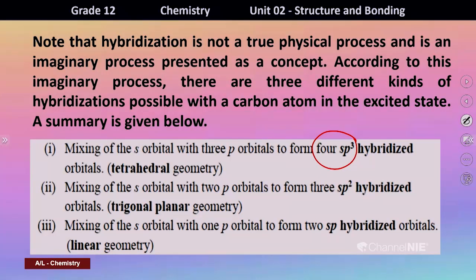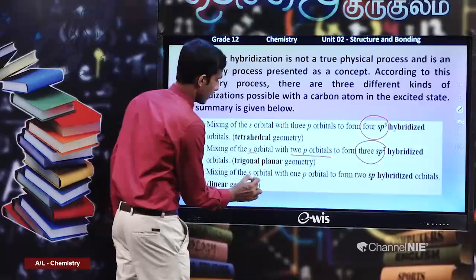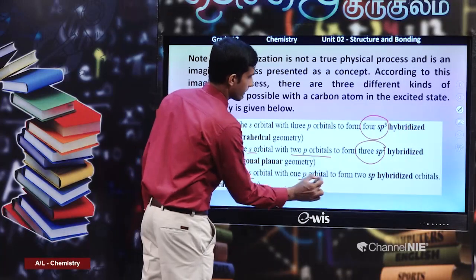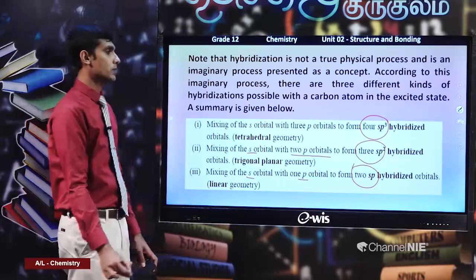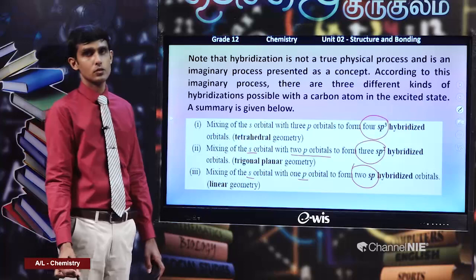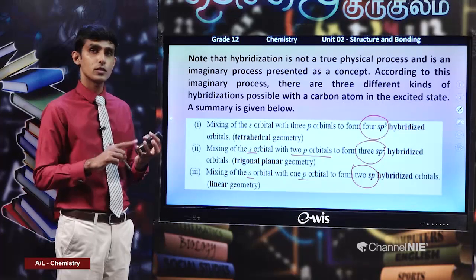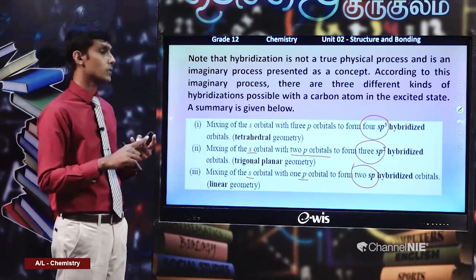Then mixing of the one s orbital with 2 p orbitals to form 3 sp2 orbitals is called sp2 hybridization. One s orbital and one p orbital, then 2 sp orbitals are formed. That process is called sp hybridization. So, sp hybridization, sp2 hybridization and sp3 hybridization.